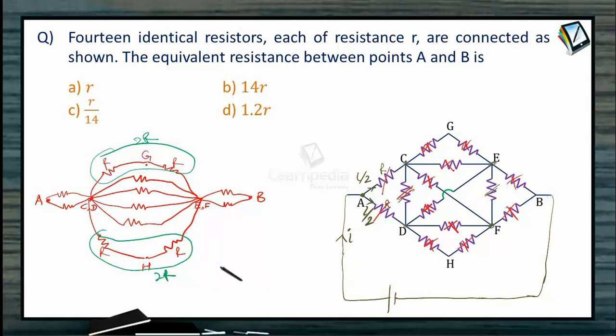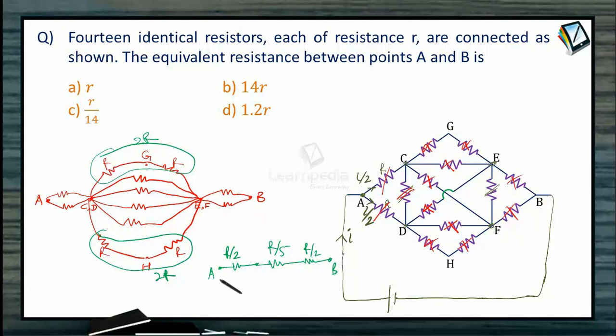So what we get here is the point A, then R by 2 as their resultant, then R by 5 because we have 5 R's connected in parallel, and similarly here two resistances are connected in parallel, so R by 2. Here is the point B.